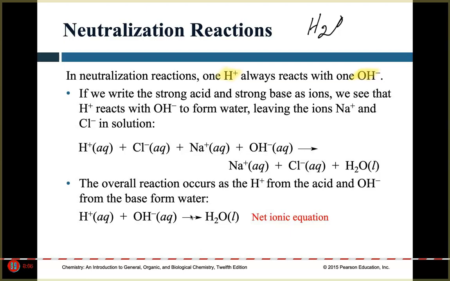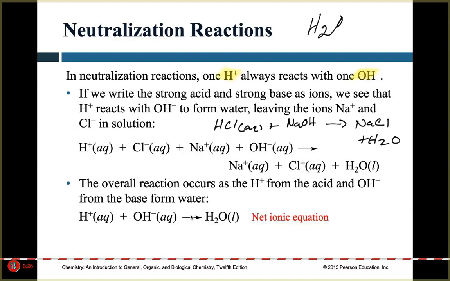If I was going to write it in short, the molecular equation, which means nothing is drawn as separated like this, we'd take our HCl and the NaOH, and then we'd have our salt and water.